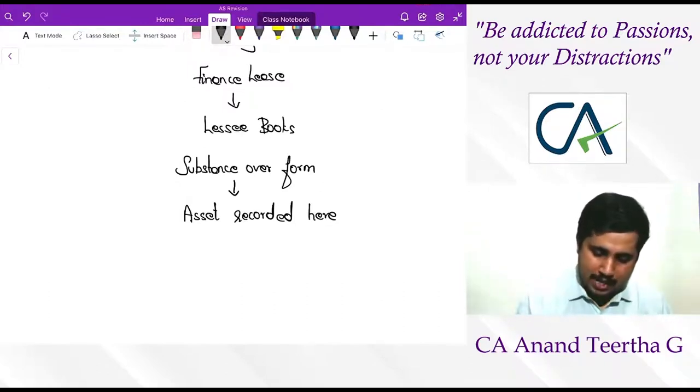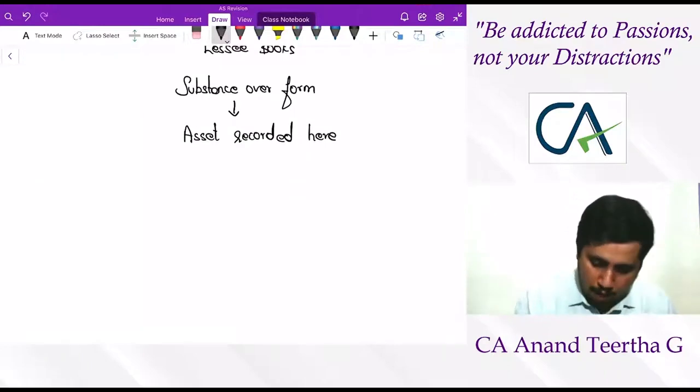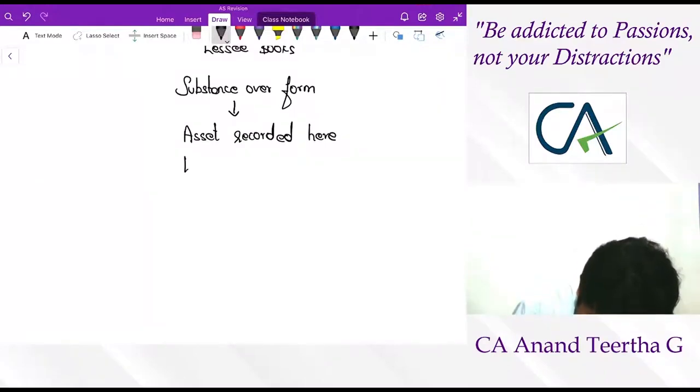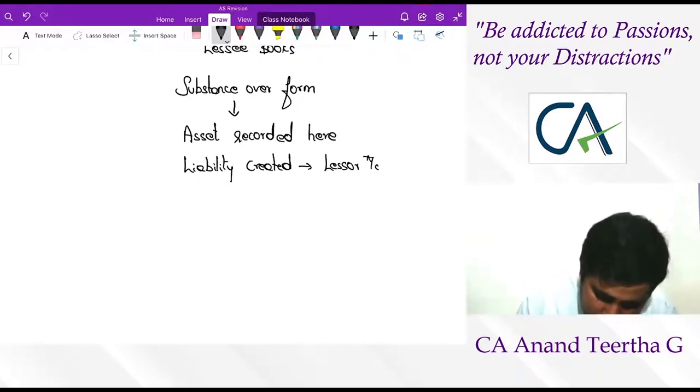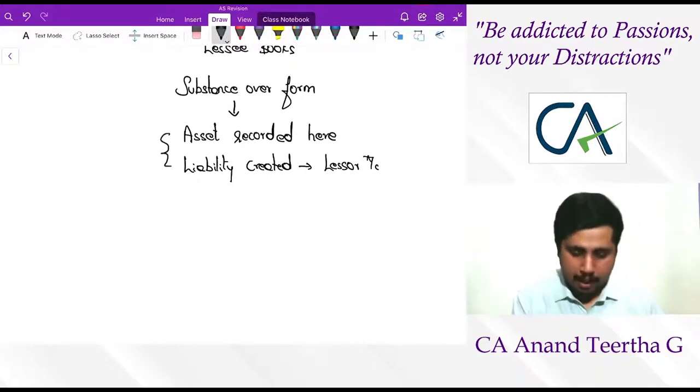Automatically the ownership will be transferred to hire purchaser. Okay, now asset is recorded over here. For that, obviously a liability will also be created. So liability created will be what? Lessor account. So asset will be recorded in my books, for which a future payments will be made in the form of lease rentals. So therefore, the asset involved, liability will be lessor. So these two things will be created, and this will be created at what amount?